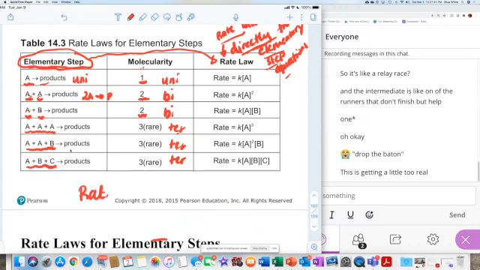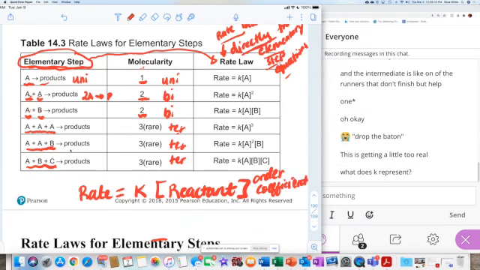The rate is written in this format: rate is equal to k times the reactant, whatever it is, raised to the power of the order. But the order here also goes with coefficients. As you're working on your homework, please don't try your homework before reading this material, because completing the homework is meaningless. k is the rate constant.